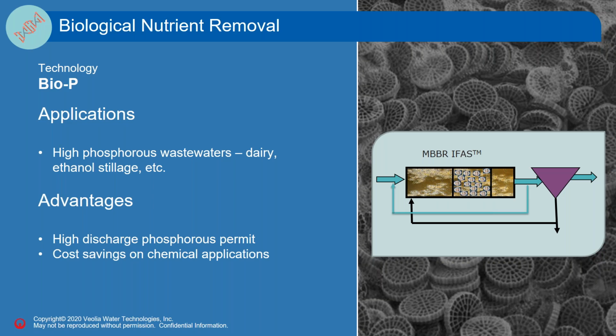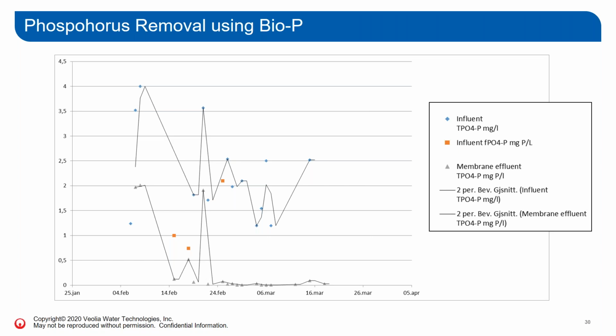And this is very interesting in high phosphorus concentrations like dairy, ethanol stillage, and where you have very high influent phosphorus concentration, very low permit, and you want to cut out the chemical phosphorus precipitation costs, which we will be talking about later on in the presentation. So here's a nice example.